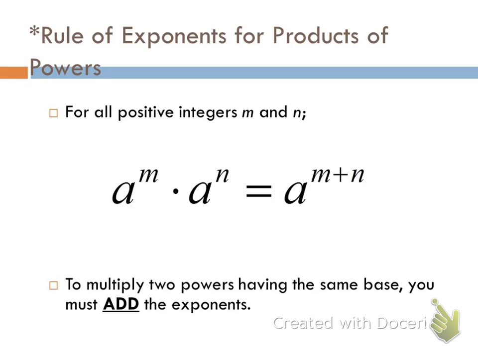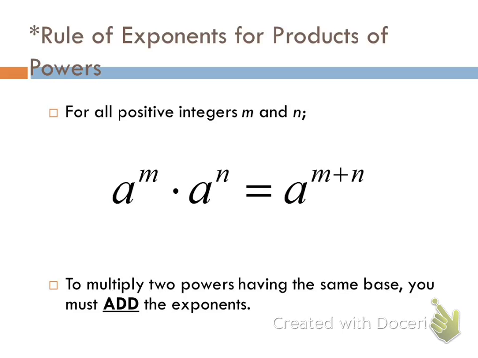Here it is, the rule for exponents for products of powers. So remember, any base to an exponent is called a power. Product means we're doing what type of problem? Multiplication. So we are multiplying two powers together.